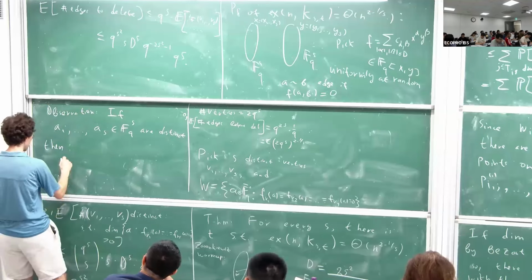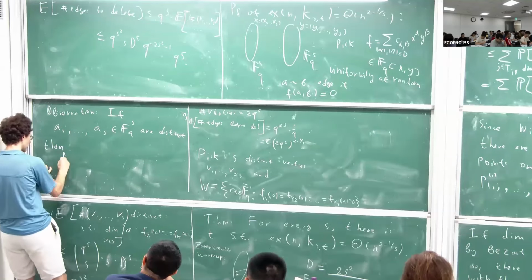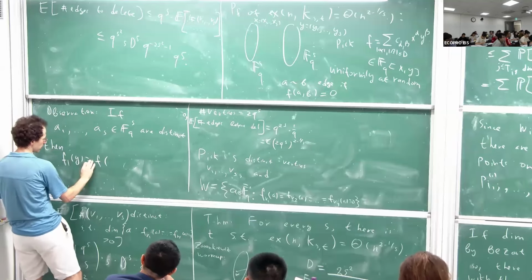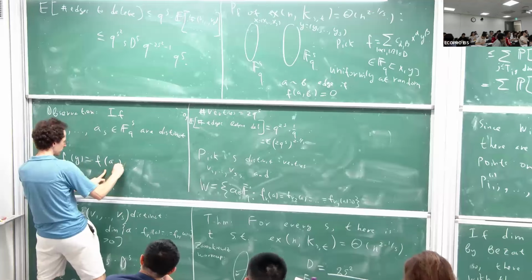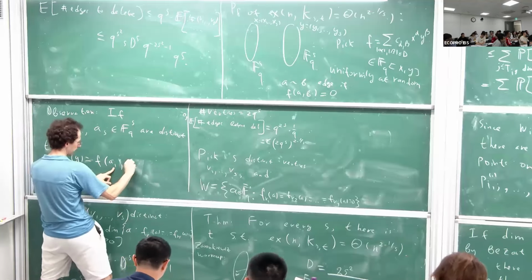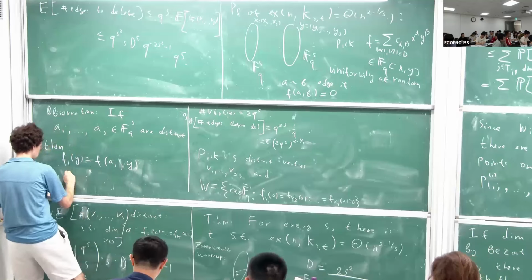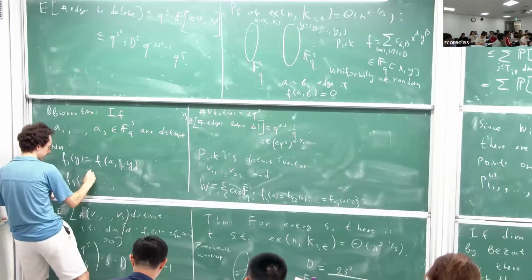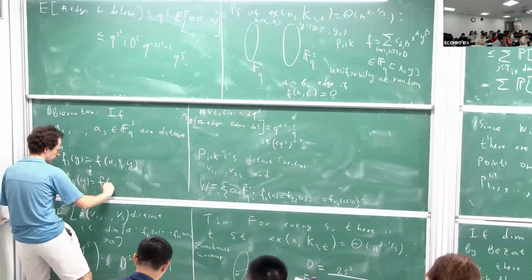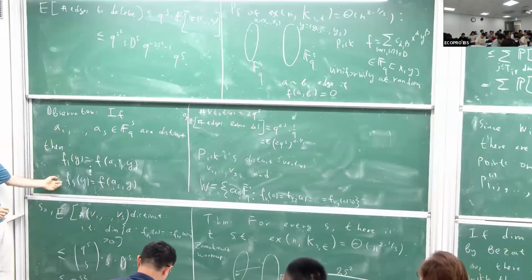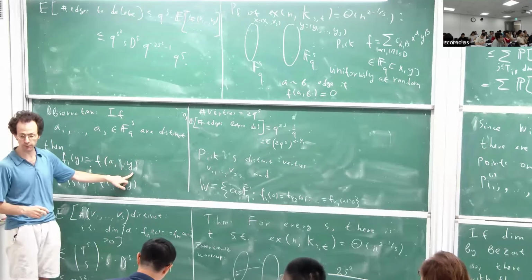Let me call them F1. So F1 of Y is the polynomial obtained by plugging A1 for X, and similarly, etc. So all these polynomials are F1 through Fs of Y. I get S polynomials, one for each point. These are polynomials in the Y variable.